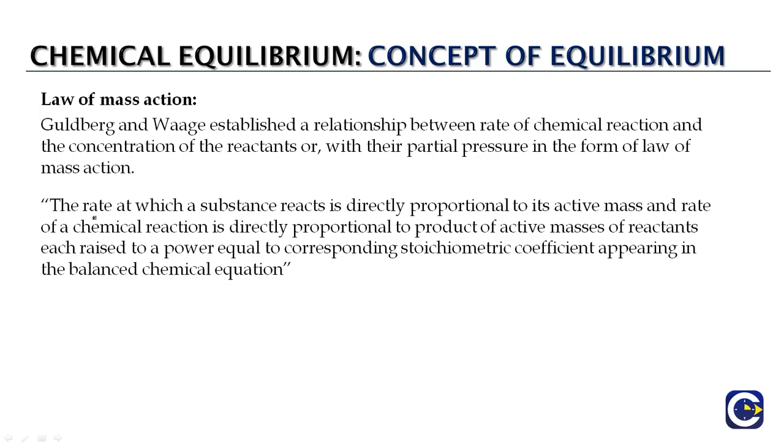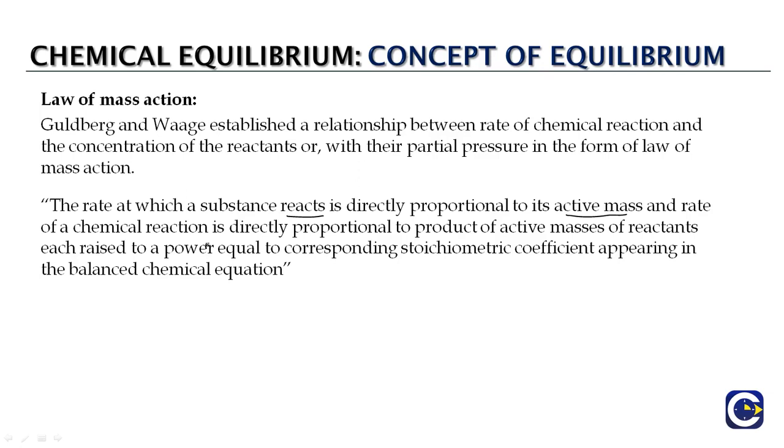Now the law of mass action says the rate at which a substance reacts is directly proportional to its active mass, and the rate of a chemical reaction is directly proportional to the product of active masses of the reactants.